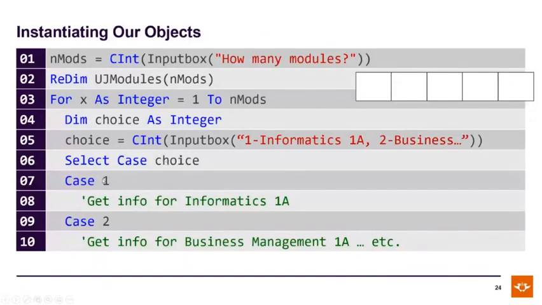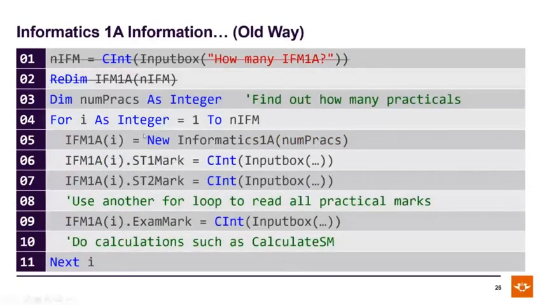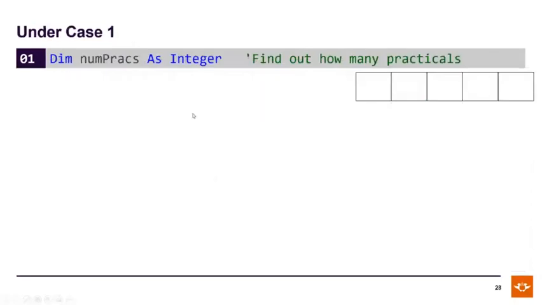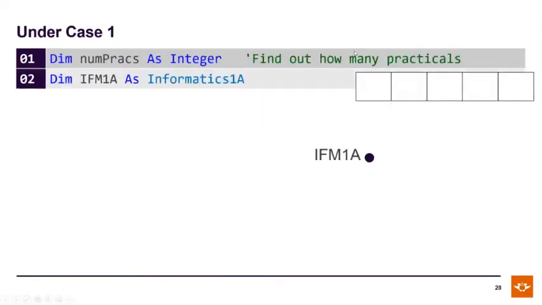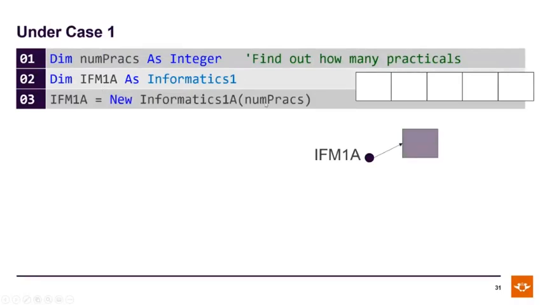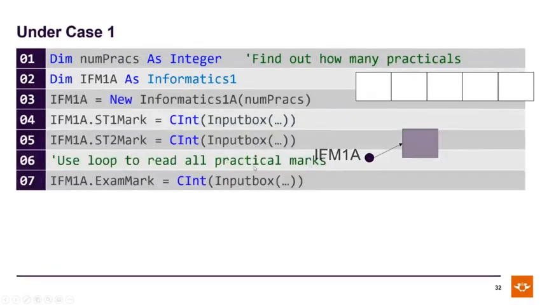So for now, we just consider the 3 options, test the case, and then we get the input for that specific option. So you've got your informatics, you get rid of the array itself, get rid of the for loop, you just take the input that you want. Then you've got finding out how many practicals. You still have to keep track of how many practicals you have because it is informatics specific.